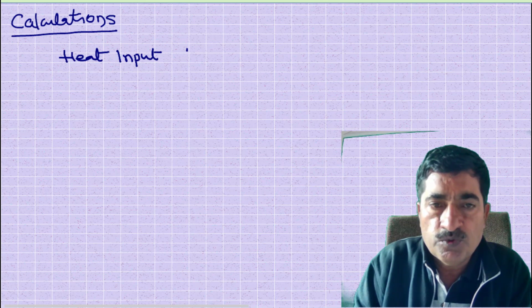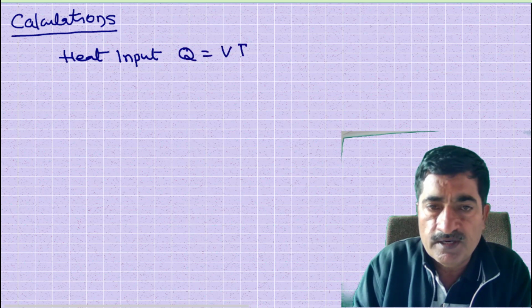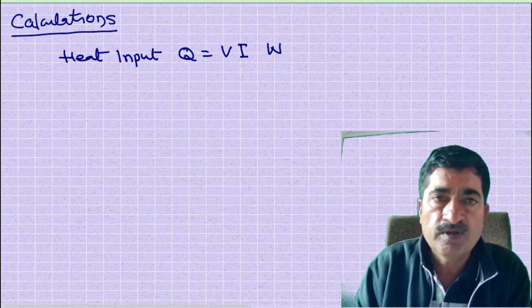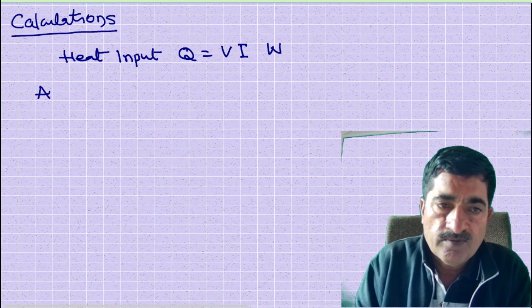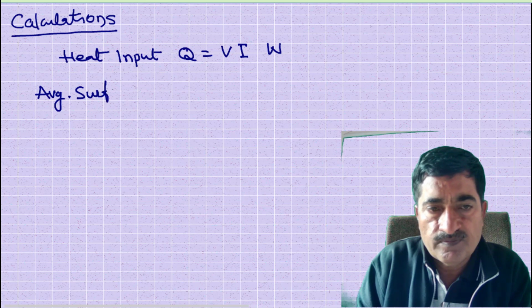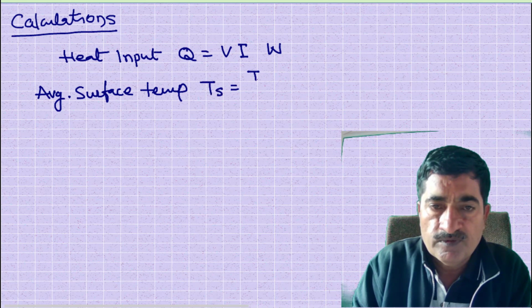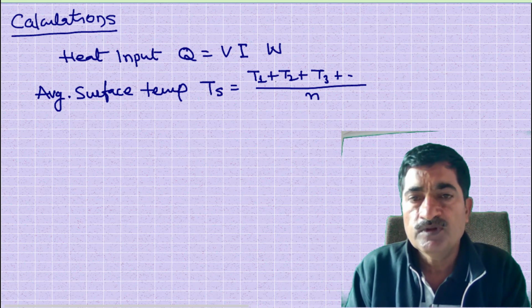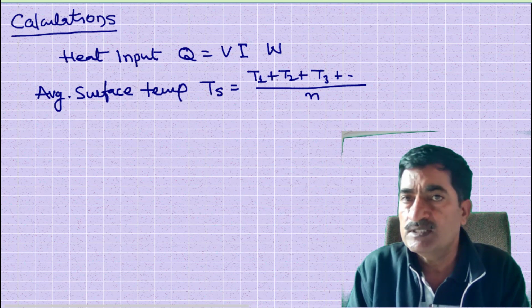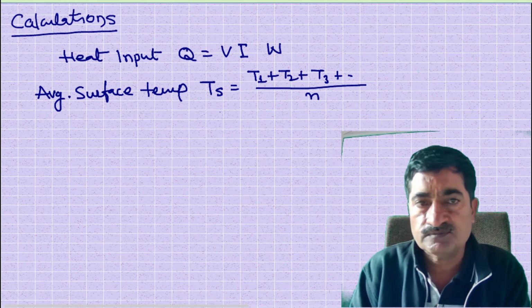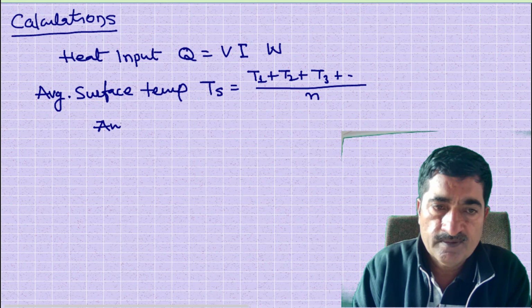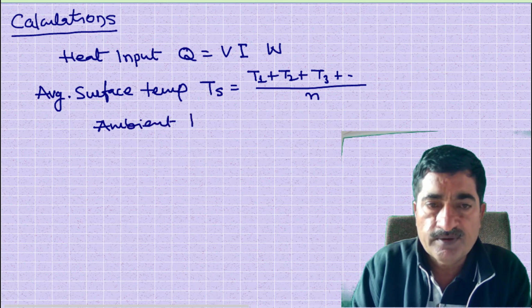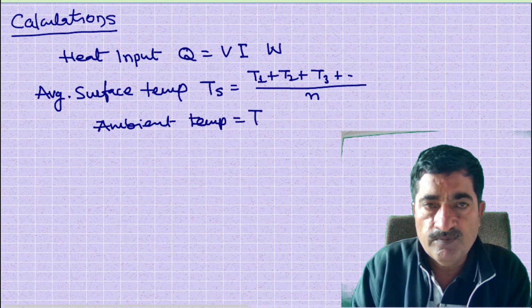Heat input Q equals V, voltmeter reading, into ammeter reading, in watt, and average surface temperature Ts equals T1 plus T2 plus T3 divided by N, means the surface temperature, which is the thermocouples first, second, third on the surface of the tube divided by the number N. And ambient temperature, this is equal to TA.